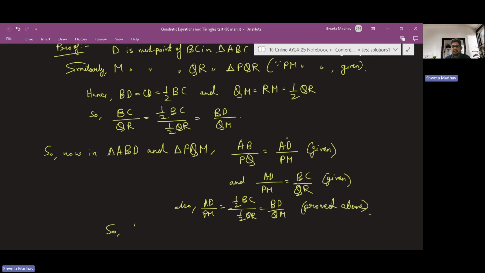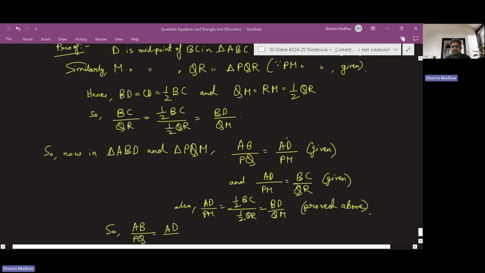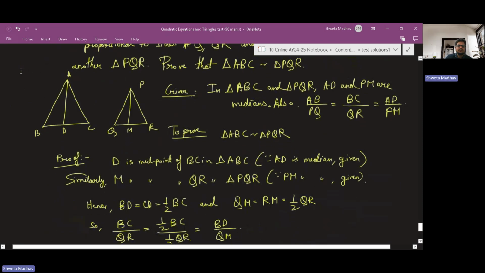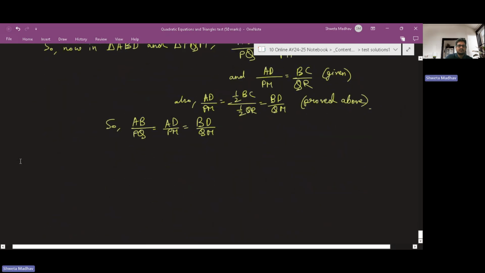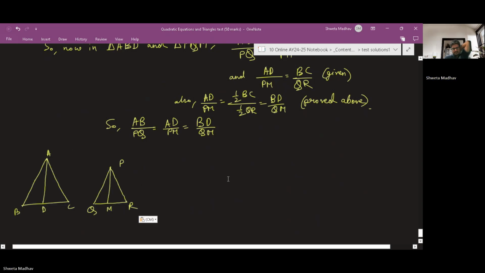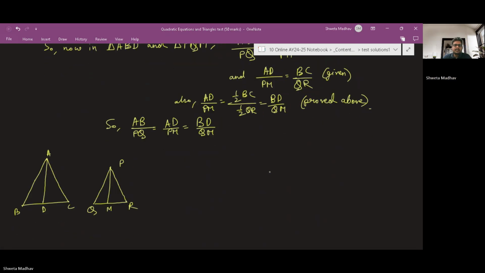So hence we can say that AB by PQ is equal to AD by PM, which is also equal to BD by QM in these two triangles. We have shown that AB by PQ is equal to AD by PM, which is equal to BD by QM.